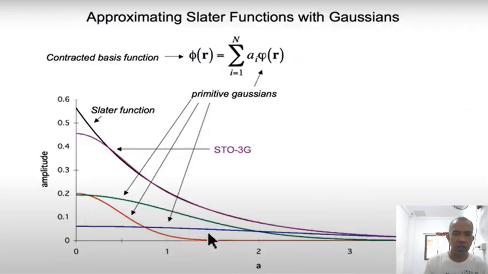Next slide. Approximating Slater functions with Gaussians. We can do better and better.